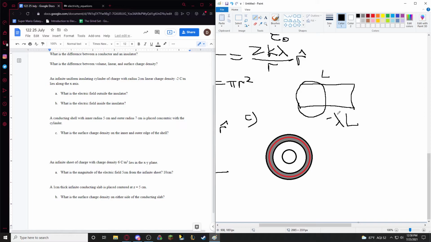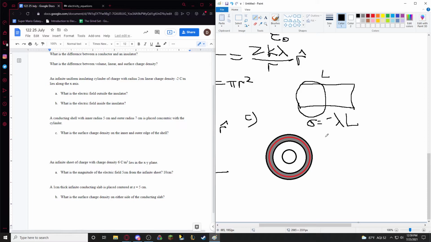How do we go from total charge to charge per area? Honestly, I don't know. I'm trying to figure that out.